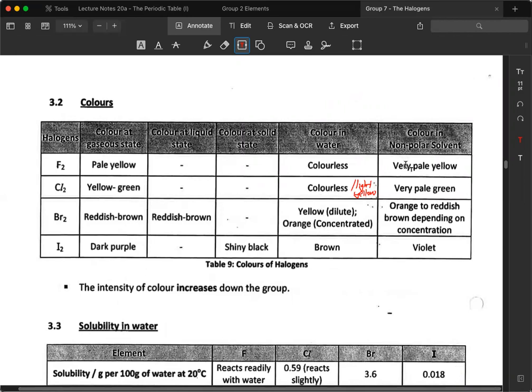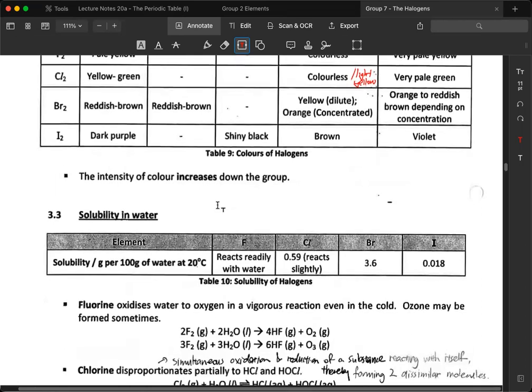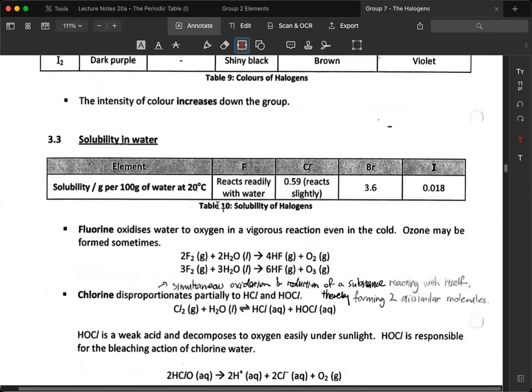In non-polar solvent, pale yellow, pale green, orange to reddish-brown, both are accepted depending on the concentration. Pale yellow, orange for bromine in non-polar solvent, violet for iodine. So the intensity of color increases down the group.